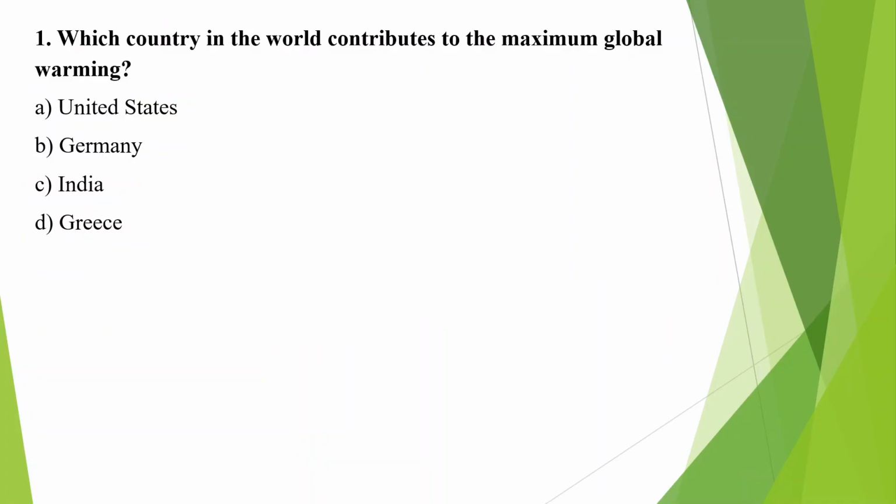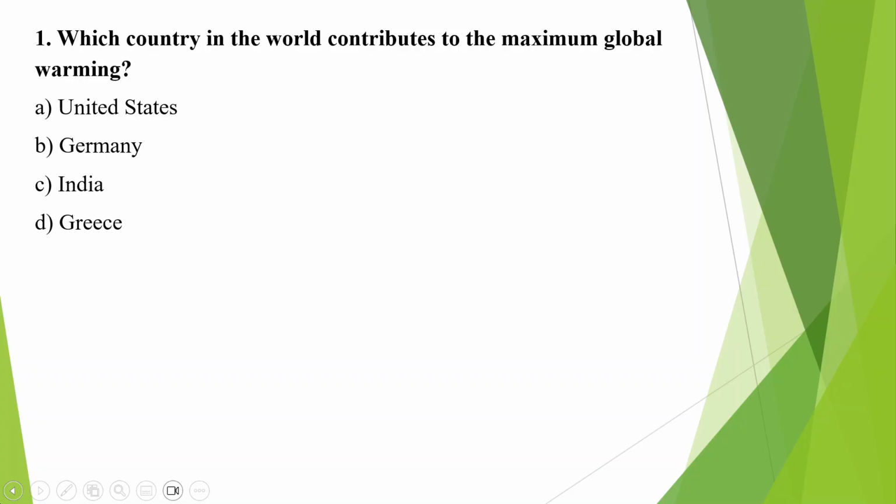So in the chart that was shown to you, out of the several countries, the United States has historically been the largest contributor to cumulative greenhouse gas emissions due to its long industrial history and higher per capita emissions. Because of these two reasons, it was the highest, US. So all of you are correct and have given the correct answer.